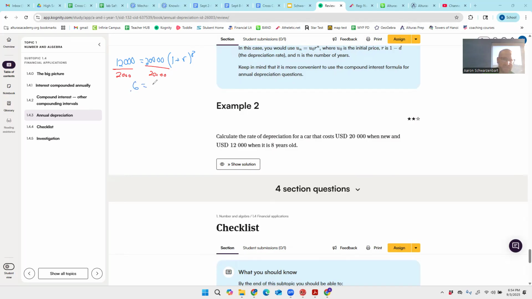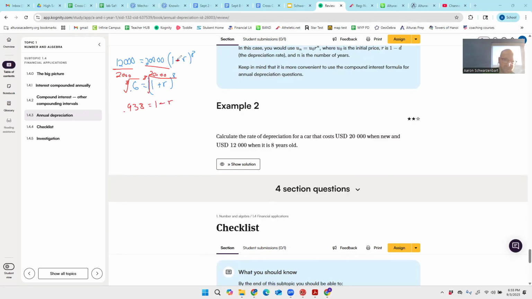and I get 0.6 equals 1 plus r to the eighth. I'll take the eighth root of both sides. Eighth root. And I get 0.938 equals 1 minus r.